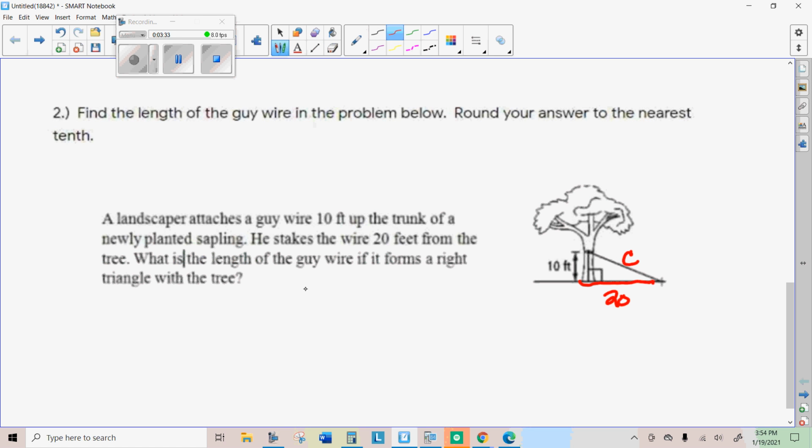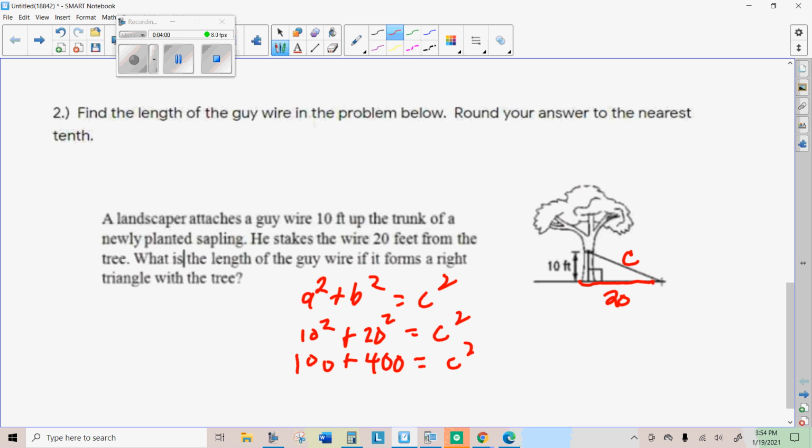So we actually have a and b. So once again, a squared plus b squared equals c squared. And we know a and b in this one. And we're looking for c. So we're going to do 10 squared plus 20 squared. Well, I can do that in my head. 10 squared is 100. 20 squared is 400. And add that up, that's 500.